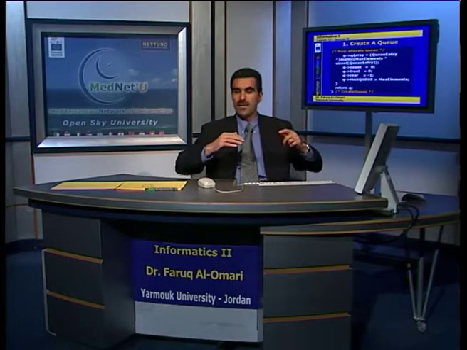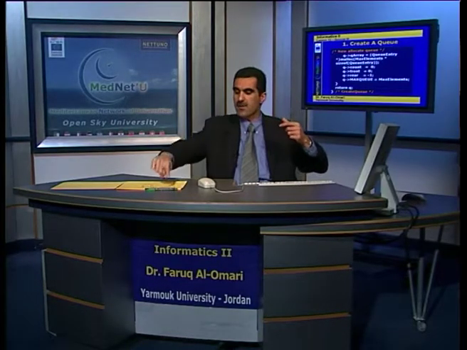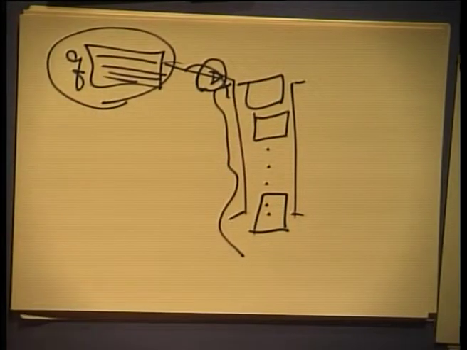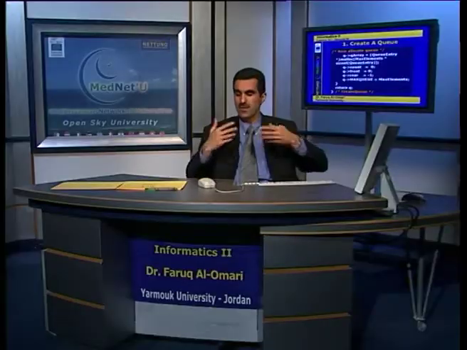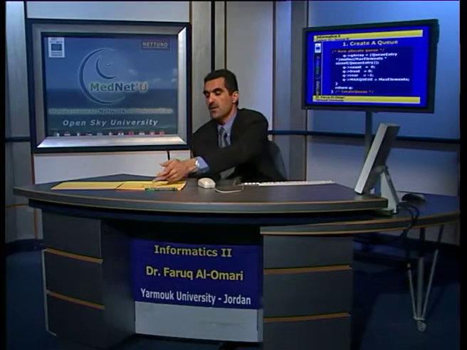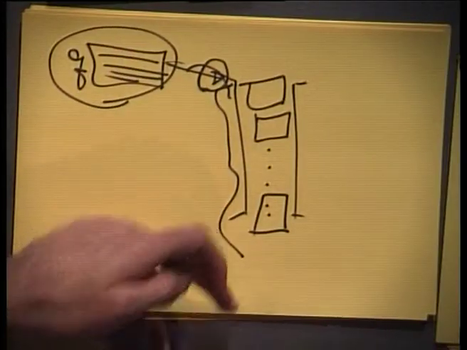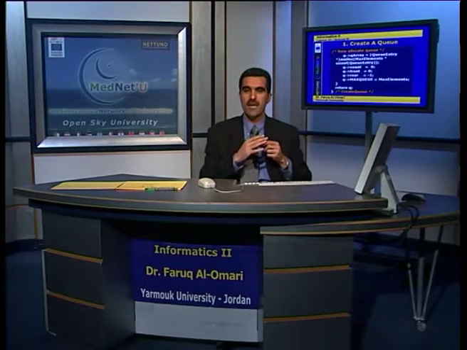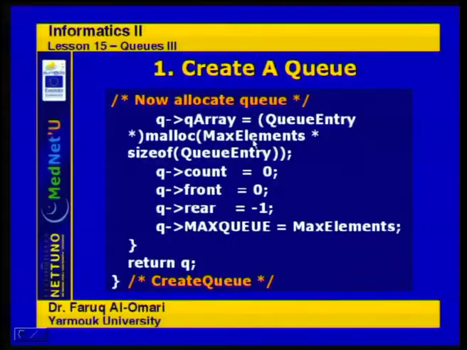Okay, so it's two steps actually. First, I have to allocate a pointer to the structure of the queue. And then once successful, I need to allocate enough space for the maximum size of entries that I could have in there. Okay, and then initialize the queue.